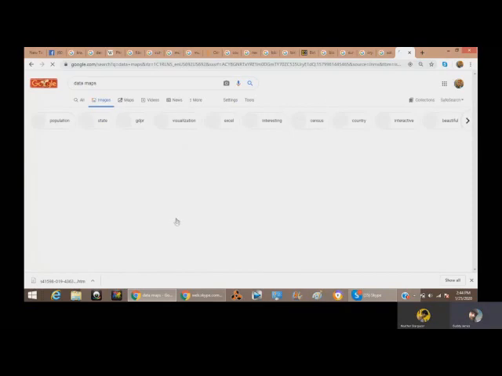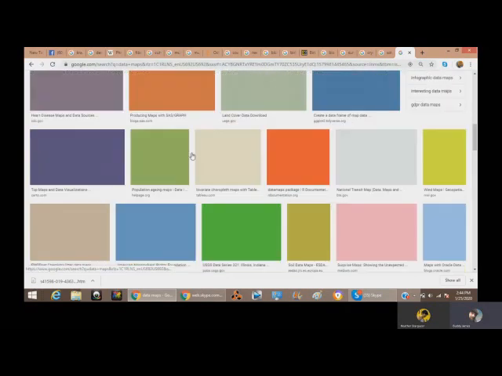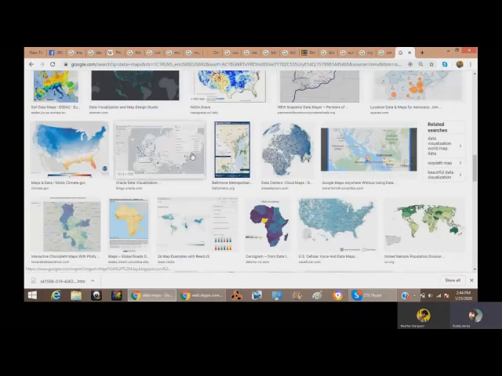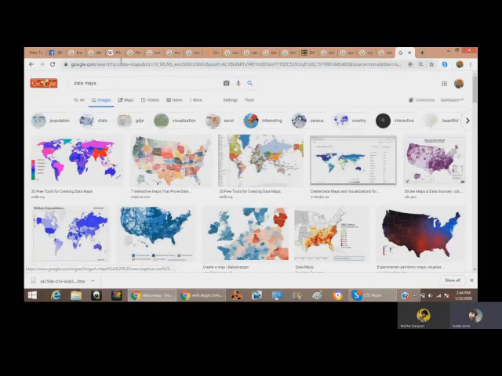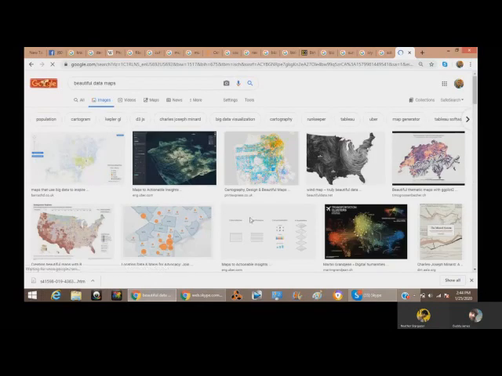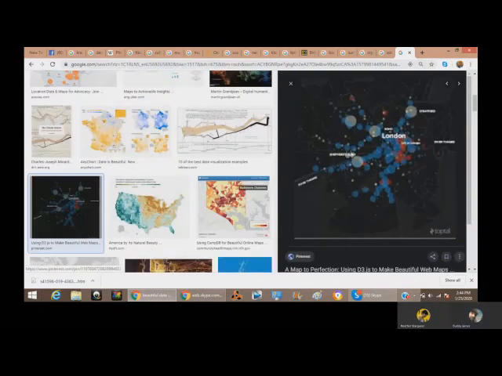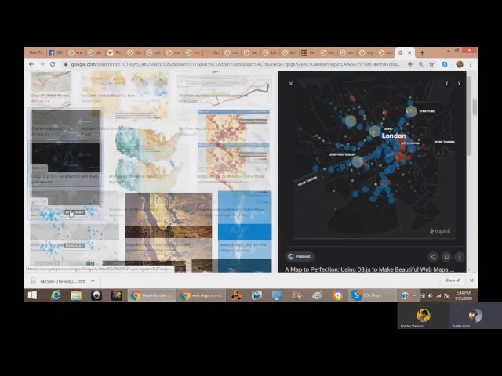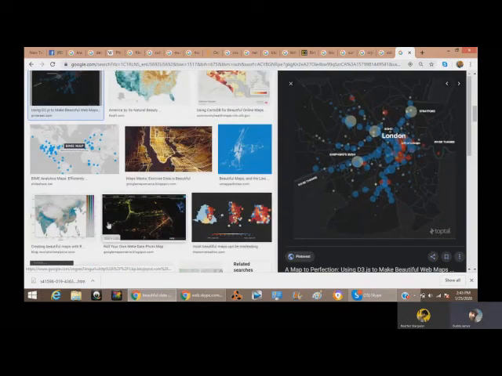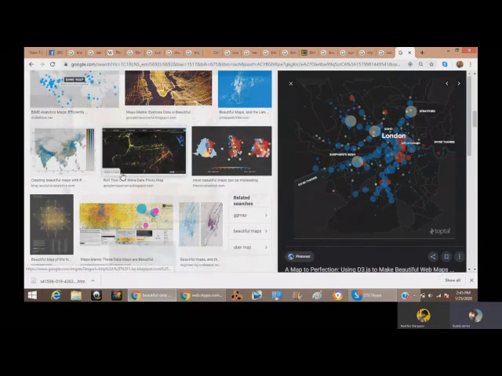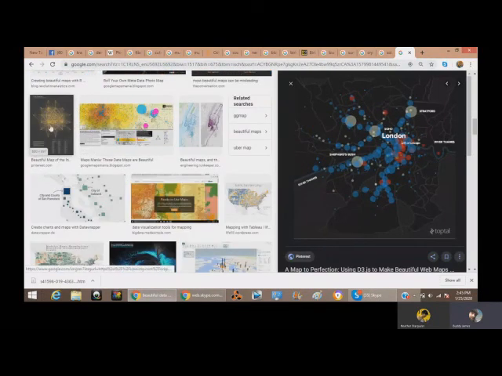Data mapping has changed a lot, and there are beautiful data maps that are a lot easier to understand. You can really start to understand more things when they start making things circular. When information and data become circular, it's really cool because you start to understand it more.